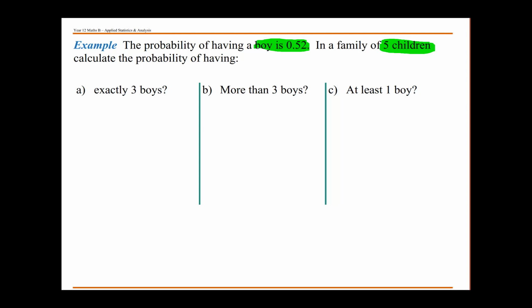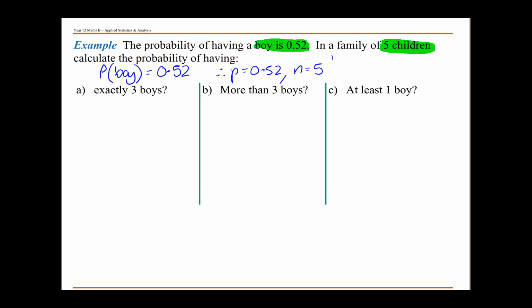Also, our P, or the probability of success, is the probability of a boy. So our success in this case is going to be boy, and that probability is 0.52. Therefore our p-value is 0.52, and it says in a family of 5 children, so our n is 5.